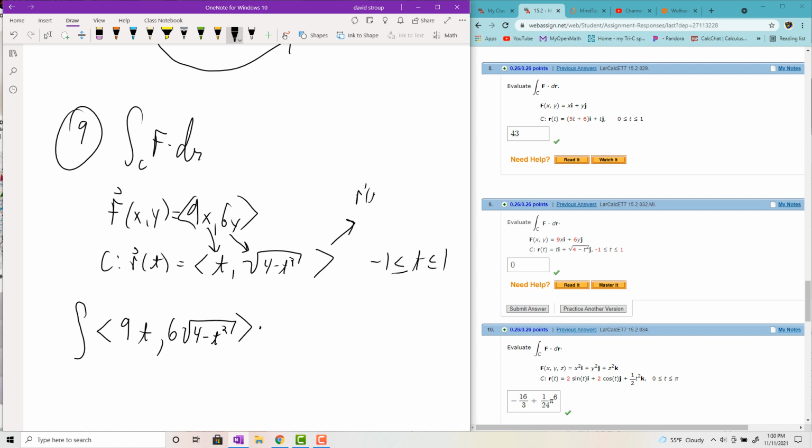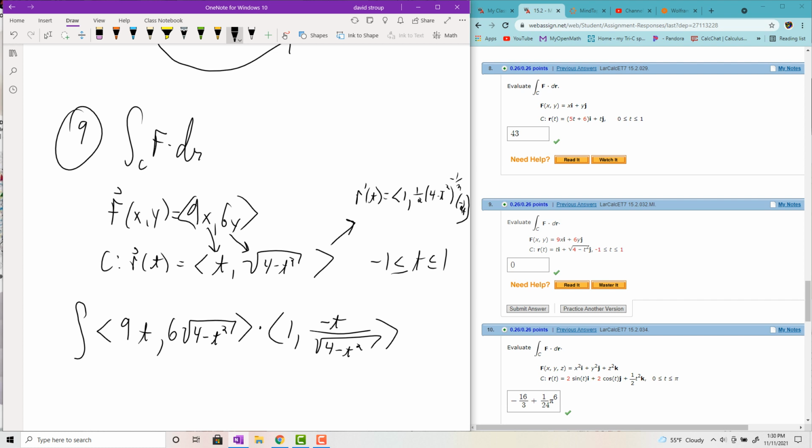So r prime of t is going to be 1 comma 1/2 times 4 minus t squared to the -1/2 times -2t. Of course, I run out of room. So it's dotted with 1 comma 1/2 times -2 is -1, and then there's t, all over the square root of 4 minus t squared.